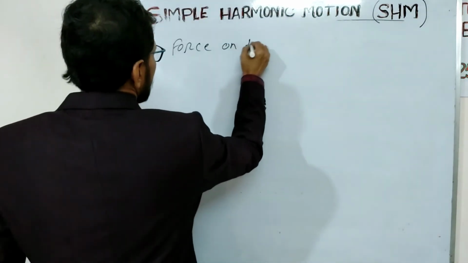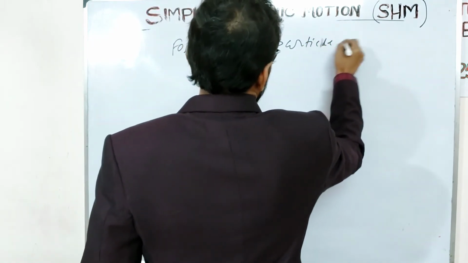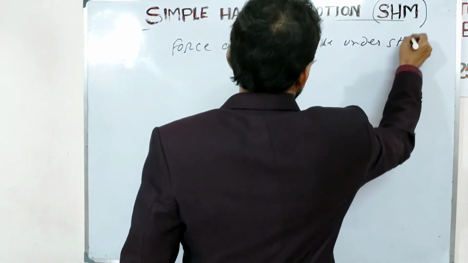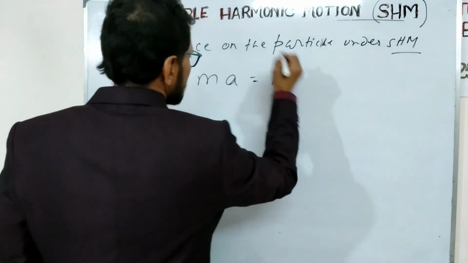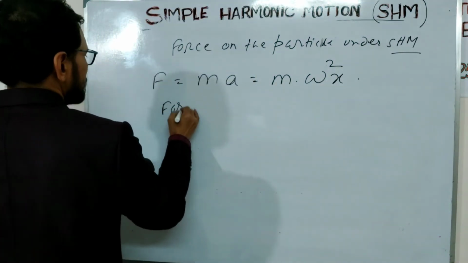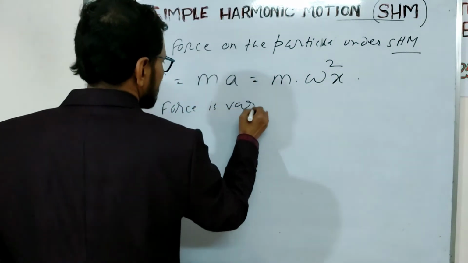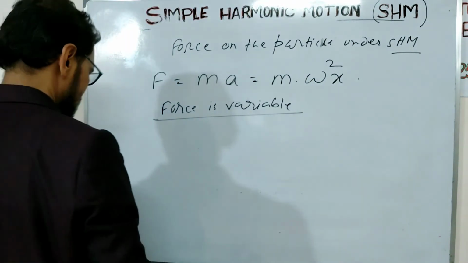Force on a particle under SHM. So force equals mass into acceleration. Acceleration is omega square x, so force is a variable force. Just to remember, the formula of force is m omega square x.